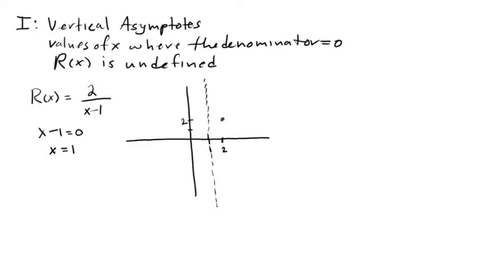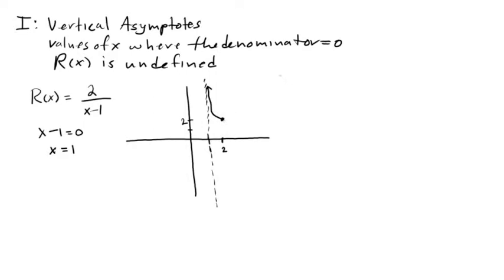Now you can verify this using the table function on your calculators. But what's going to happen is I'm going to get closer and closer and closer, and I'm never going to touch it. I'm just going to keep going up, getting infinitely close to that line, on that side.